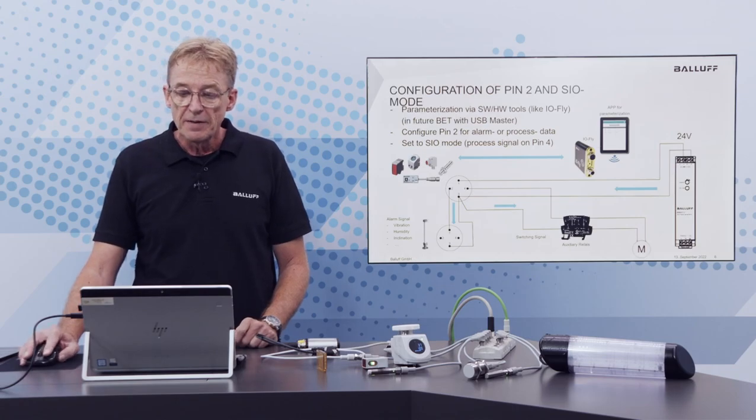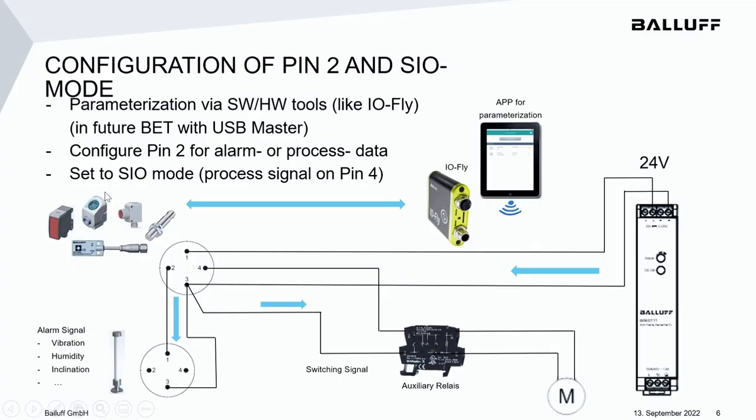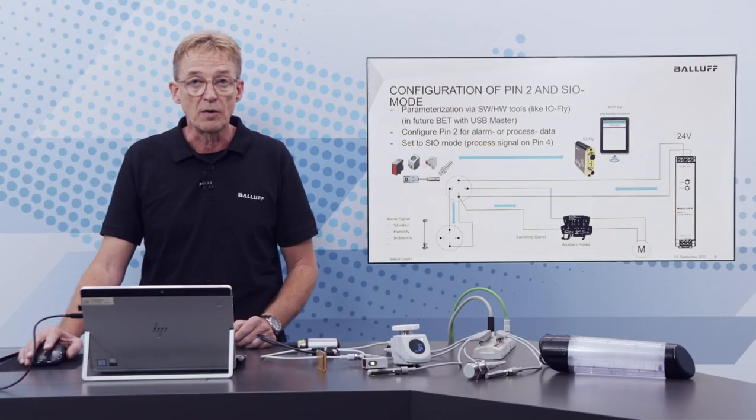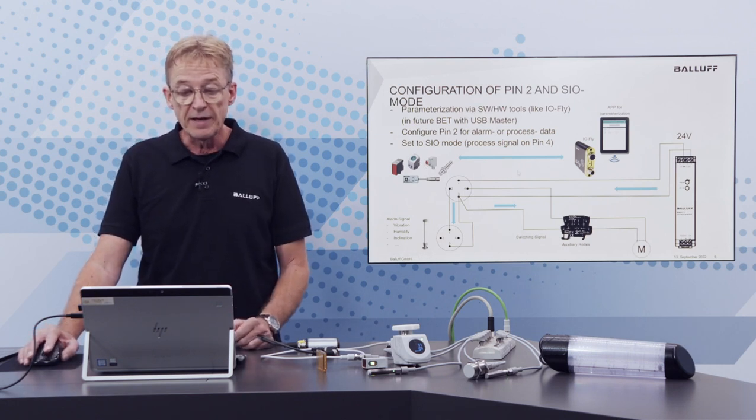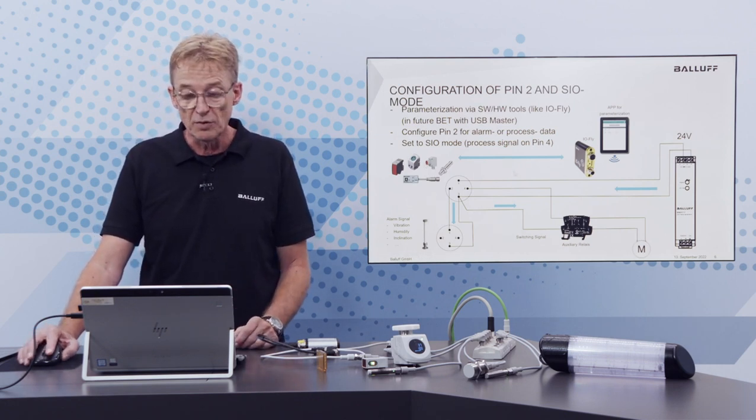You see that we can use this for configuration of a smart automation and monitoring device. We can configure pin 2 for a specific signal, and we can configure pin number 4 and use this information as well. So this is the way to use these smart automation and monitoring devices directly out of any IO-Link or field bus topology.